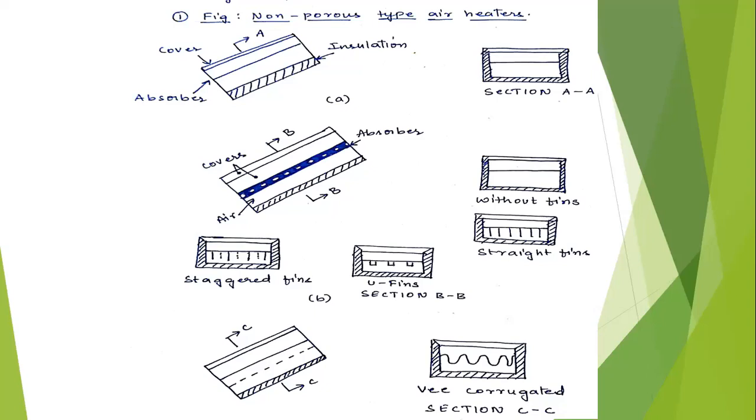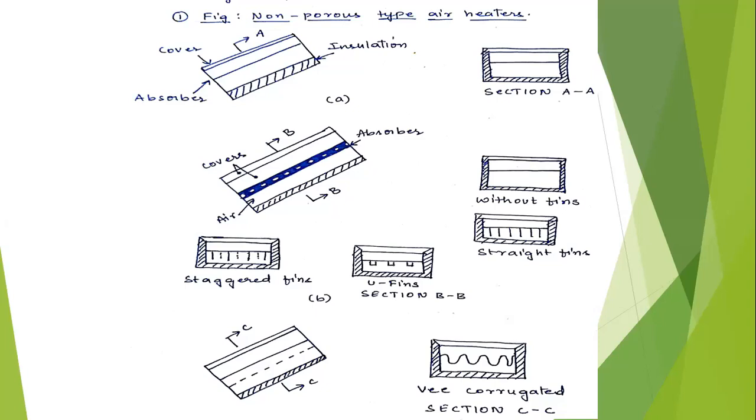In non-porous absorbers, the air stream does not flow through the absorber plate. Air flows above or behind the absorber plate.